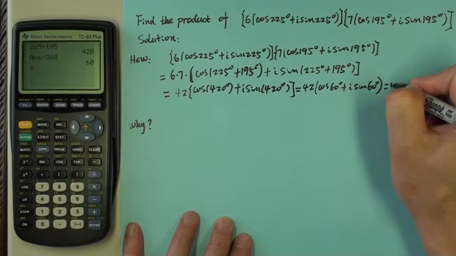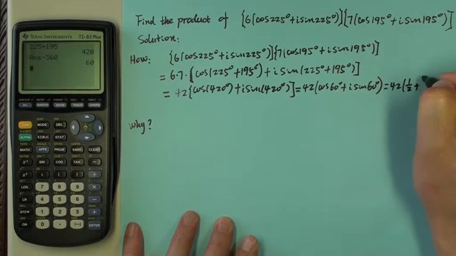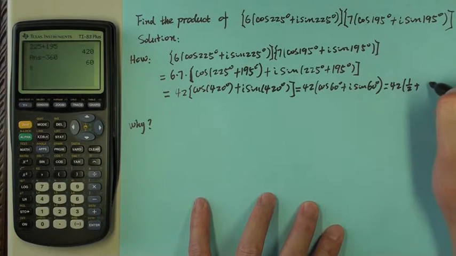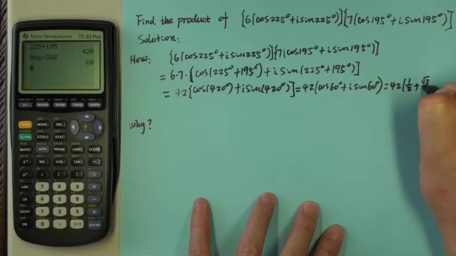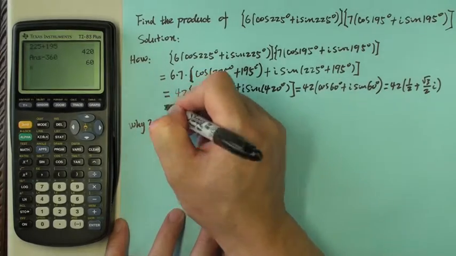And then we know cosine 60 degrees is 1/2, and sine 60 degrees is radical 3 over 2.